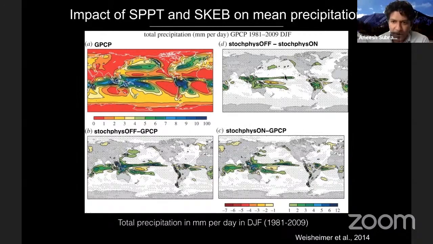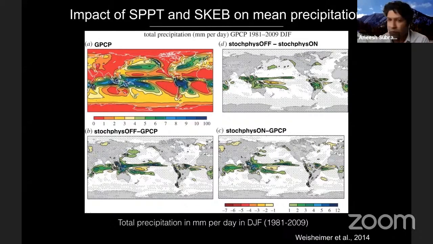But the top right panel is showing the difference when we add stochastic physics. This is the stochastic physics off minus on case. And here we see that the stochastic physics off has more precipitation than the stochastic physics on, which means that having this uncertainty and stochastic perturbations within the model actually reduces the error in the mean climate of the model.